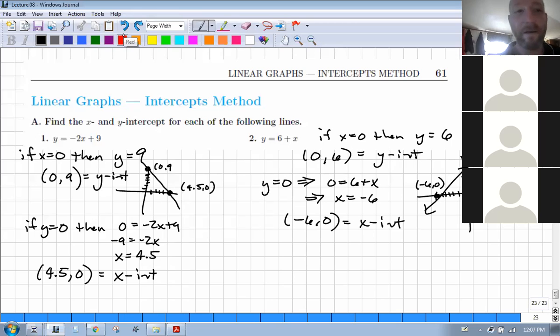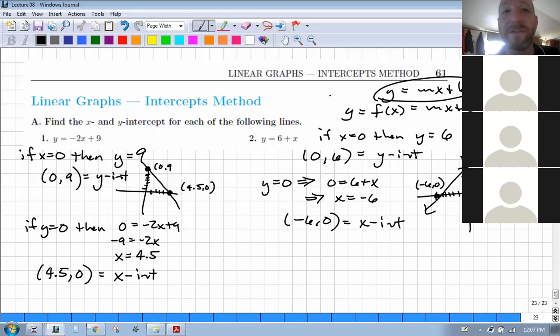Okay. We like to put things in this form, this y equals mx plus b. All right. So what we'll do is we'll think of y, we'll call it f of x, a function of x, where x is your input, y is your output, right? This is a function of x.